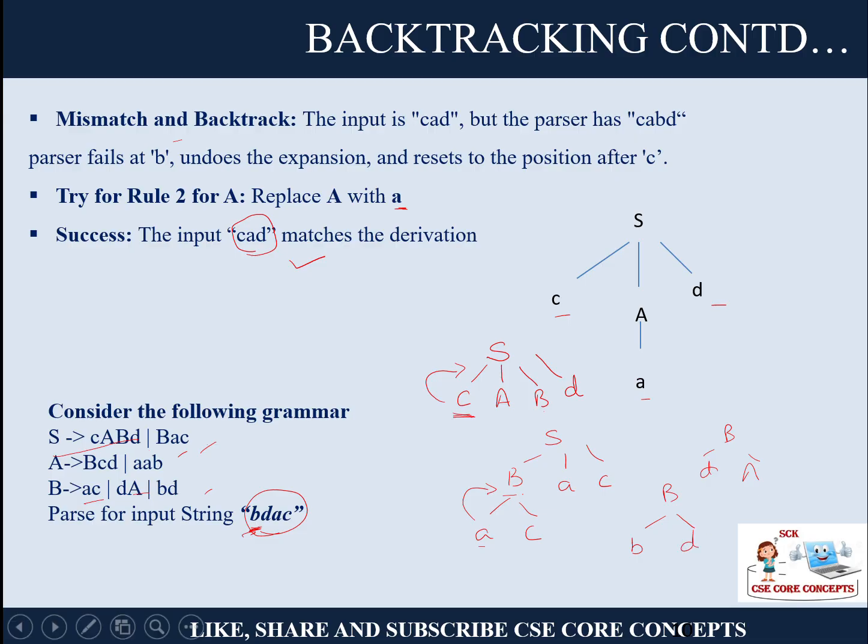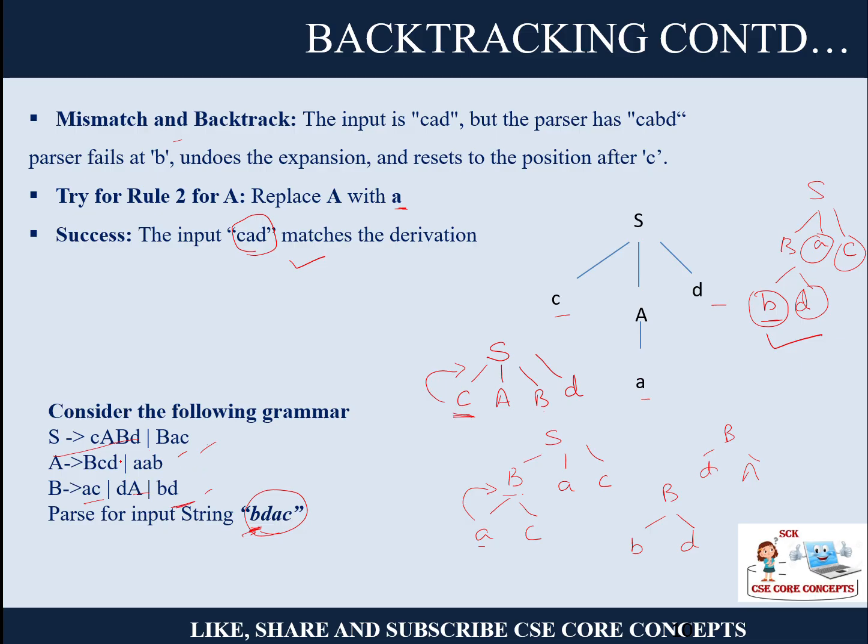So now you can see over here, S you applied the first rule BAC, right? Now this B you expanded with the third rule, that is BD, right? So now did you get your string BDAC? So you got a success by applying this rule.